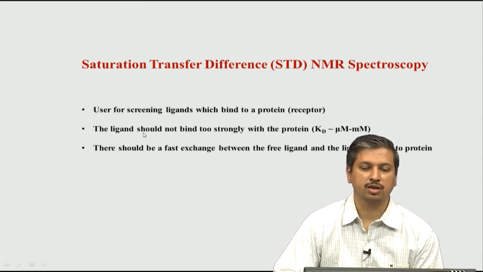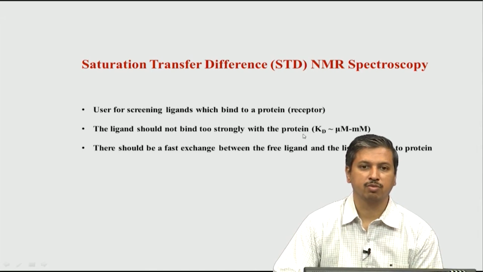The only criterion: in the previous lecture we looked at DOSY. DOSY can also be used for this screening process, but the problem with DOSY is that it requires a sufficiently strong binding, whereas here the ligand actually should not bind strongly. We will see why.